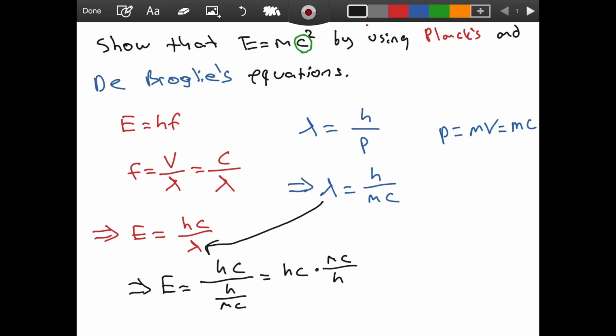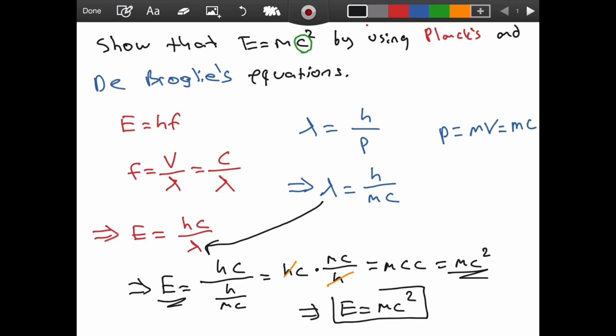And what do we see? We see that h cancels. That's pretty cool. And we have m times c times c, which is of course mc squared. We have E on the left side, we have mc squared on the right side, so we have E is equal to mc squared.